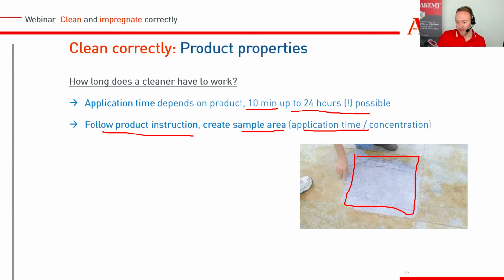Here you can really check the application time and of course the concentration, because as I said earlier, most of our products are concentrates. You don't need to use them pure. Usually you can dilute them, and then there is a little bit of detective work, Sherlock Holmes here, how much concentration I need.